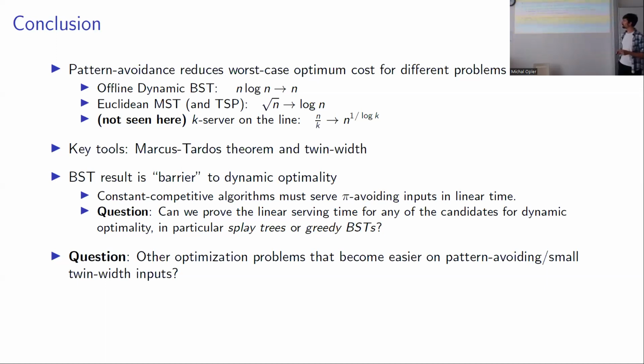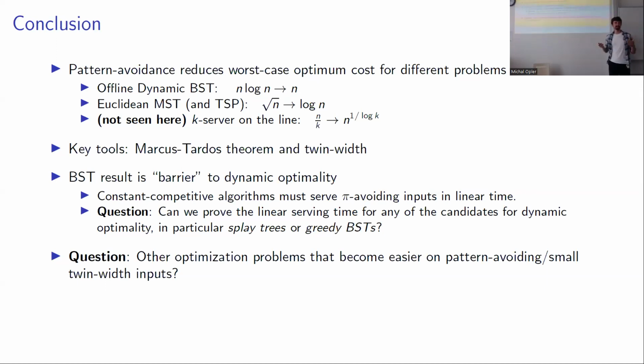And finally, are there any other optimization problems that behave similarly, where the worst case reduces quite significantly when going from unrestricted inputs to inputs that avoid some pattern?